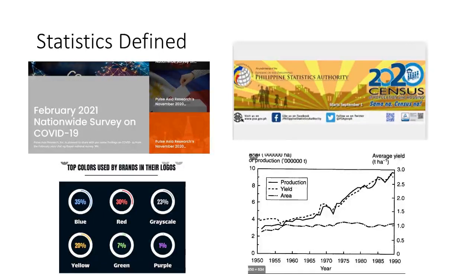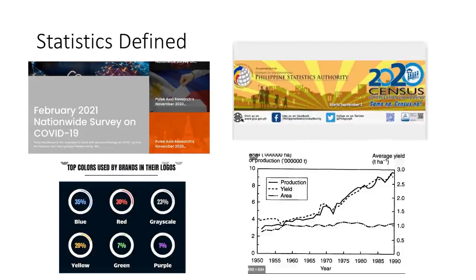In the next image, we have the 2020 census by the Philippine Statistics Authority. The third one is figures pertaining to the percentage of colors or top colors used by brands in their logos.